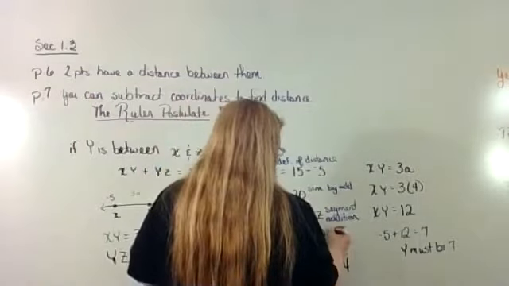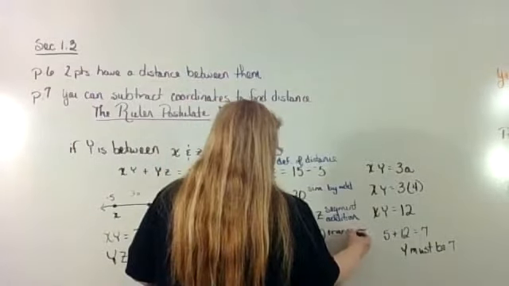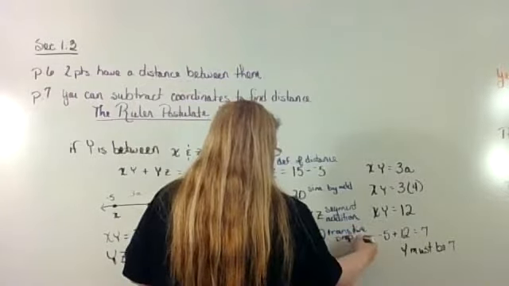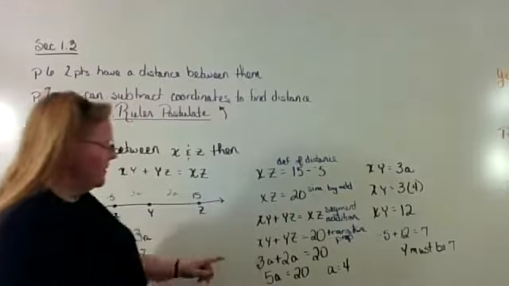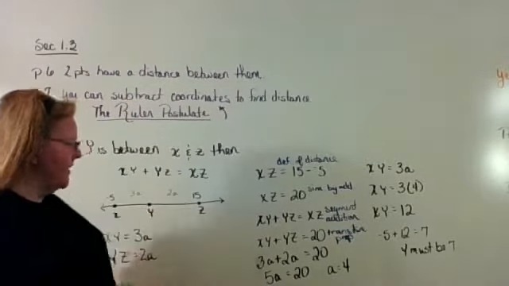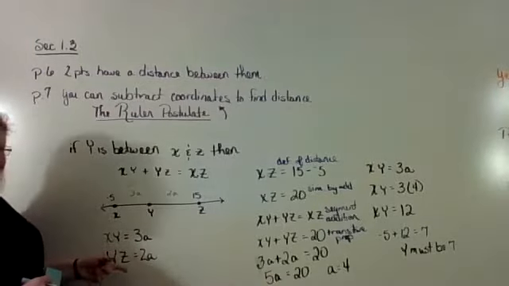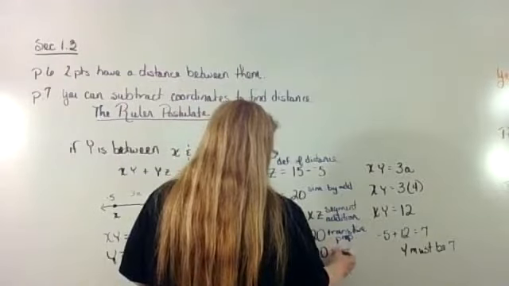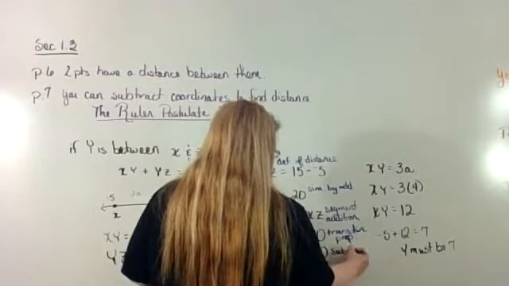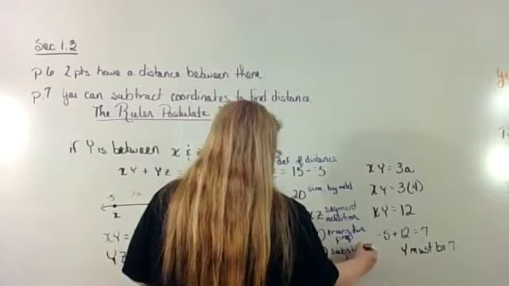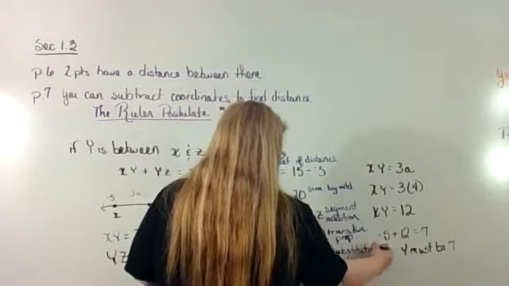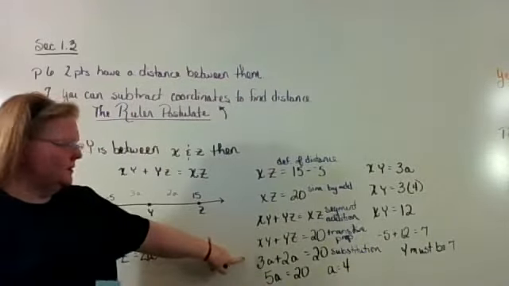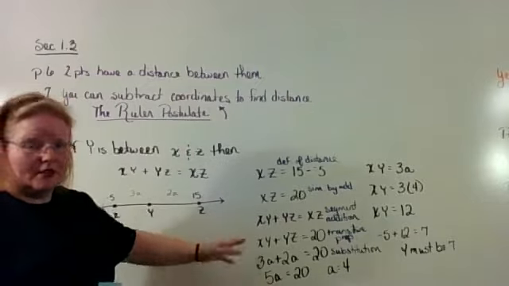Transitive property. This one is replacing values that we were given in our problem. That's just substitution. This one is addition, combining like terms.